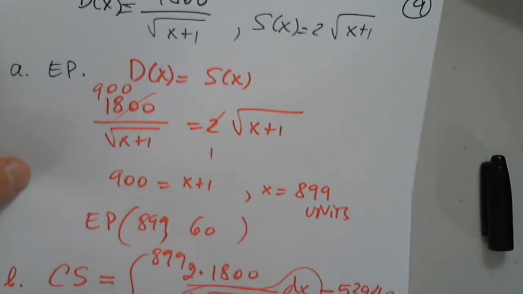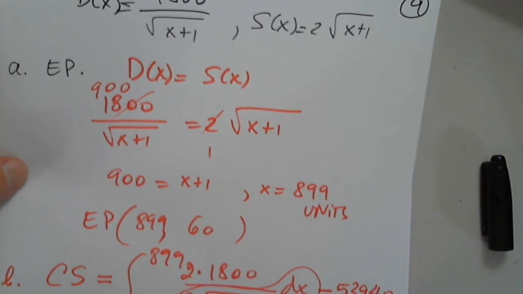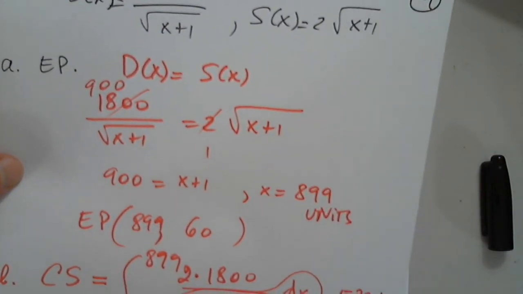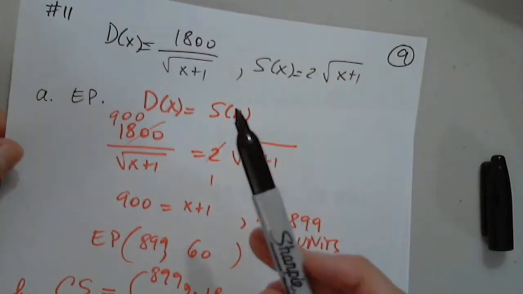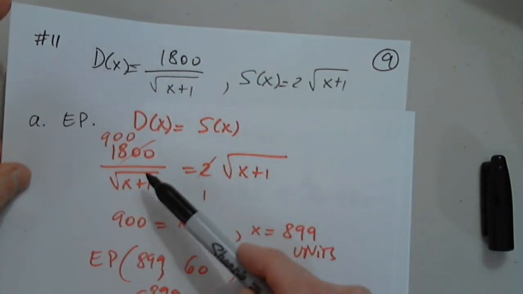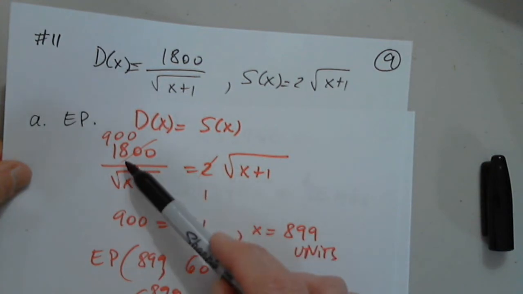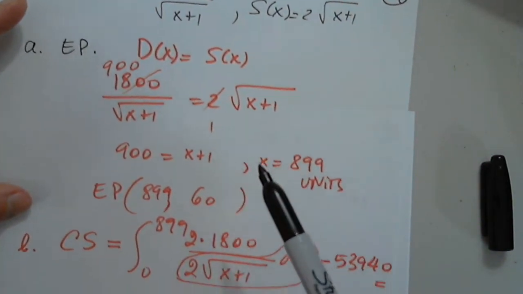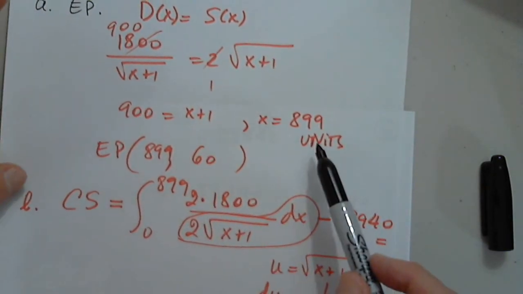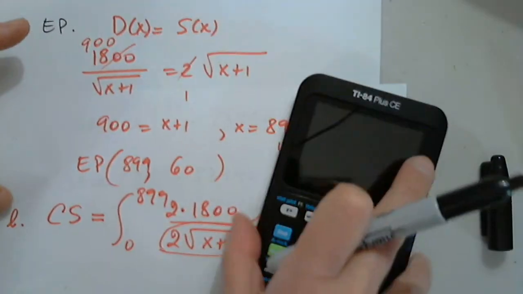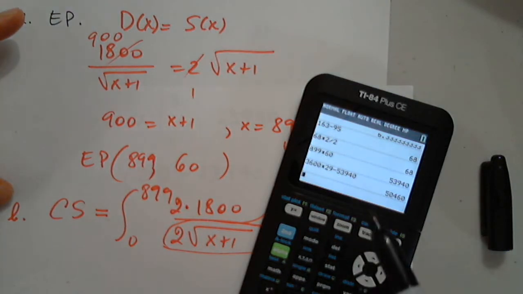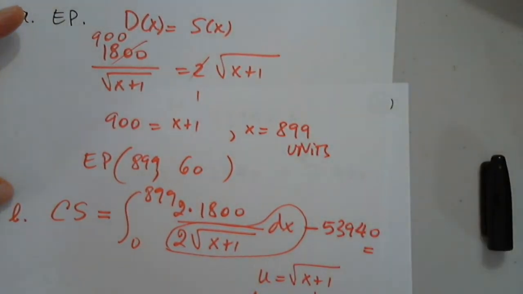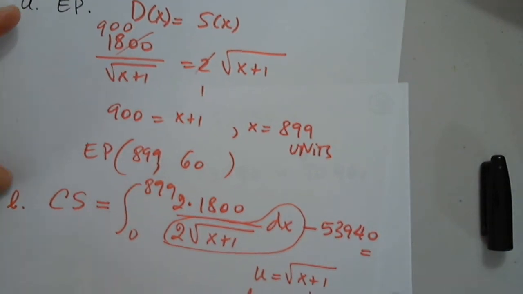It's a huge number. Did I copy all this correctly? Let me make sure. It's just too big a number to accept. 1800, yes, over the square root of x plus 1, yes. So then we had 1800, I simplified by 2, I got 900. And then 900 equals x plus 1, yes, that's correct. And then x is 899, that's correct. 899 times 60, yes, 53940, that's correct.